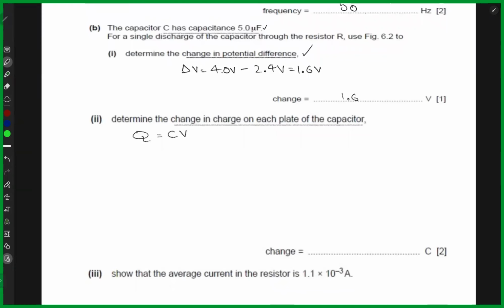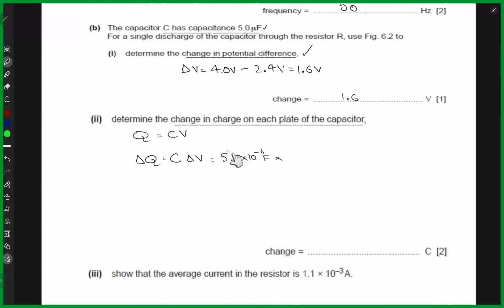The capacitor is not going to change its capacitance. It's a fixed capacitance of 5 microfarads. So it's a constant. So if the charge is changing, that would mean that the potential difference has changed. So now we have everything. Capacitance is 5.0 into 10 raised to power minus 6 farads.